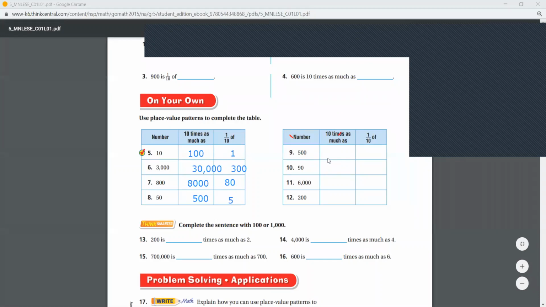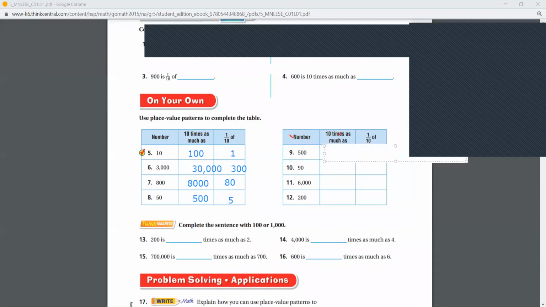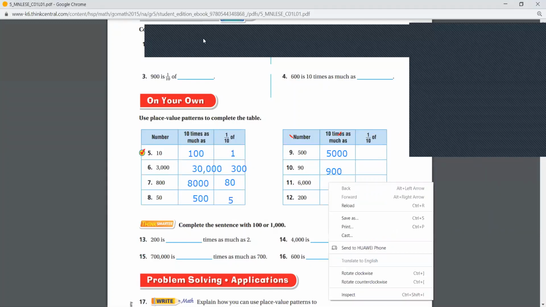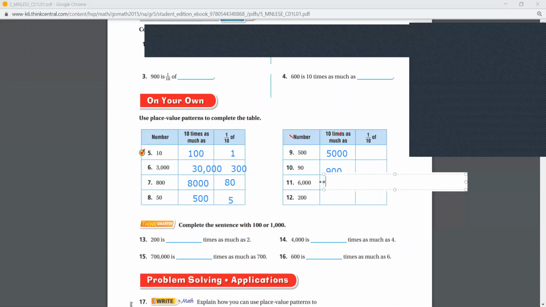Okay, now. This is the same way, very, very easy here. 500 is 5,000. 90 is 900. Jude, can you say me some answers? 6,000 will become 60,000.